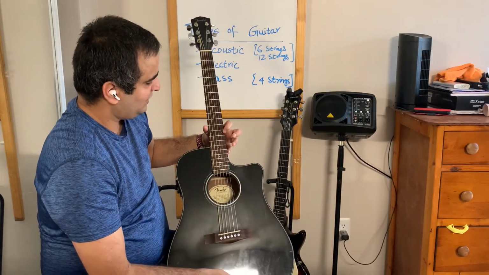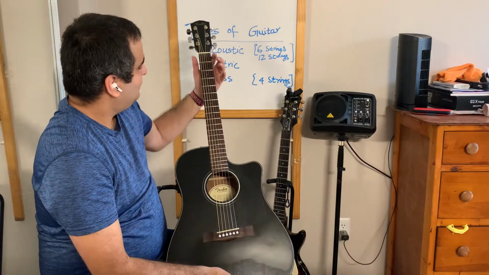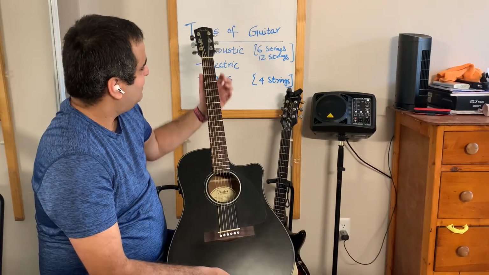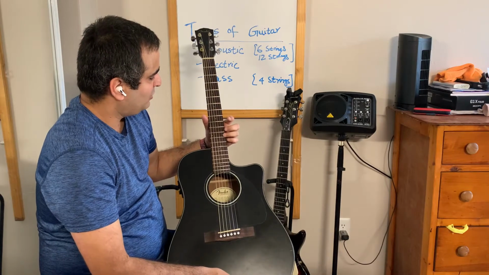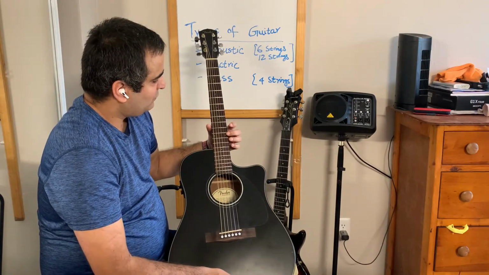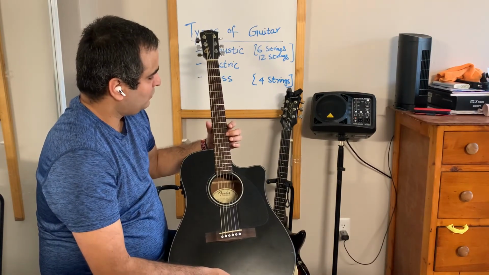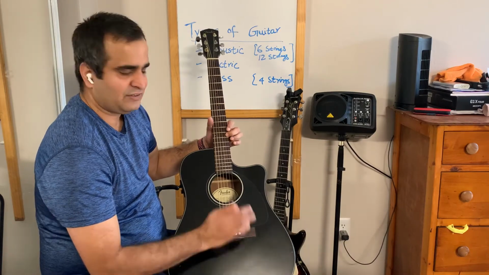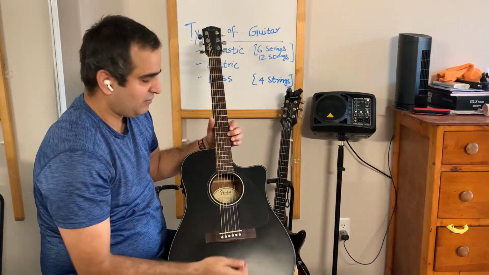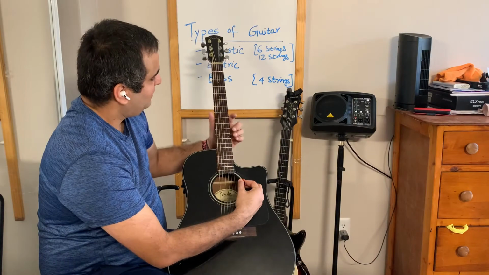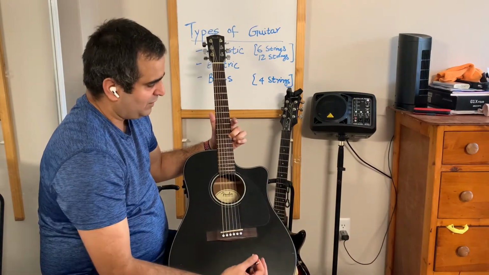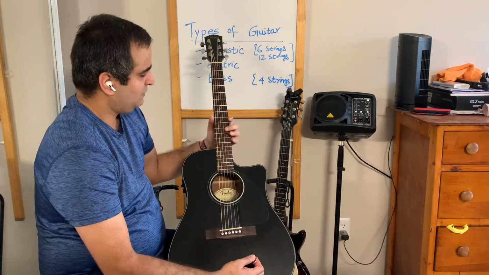This is also E. So from the 12th fret onwards, my notes are repeating. They are getting reset on the next octave. So this is my E, this is my E, and so on and so forth.